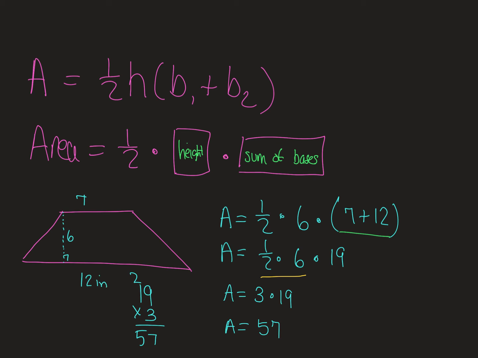If this said inches, I have inches squared. Okay, so let's recap. It's always 1/2. The next number is the height. These always go in parentheses with a plus sign, and it's the two parallel sides. Always add first, then you have choices, you finish it out.